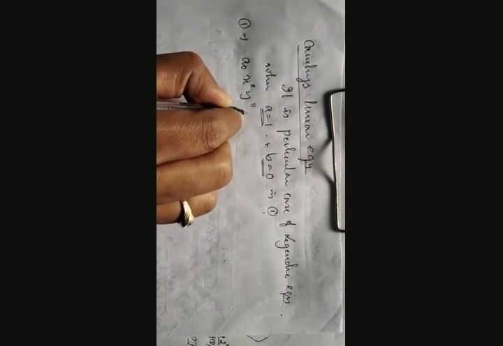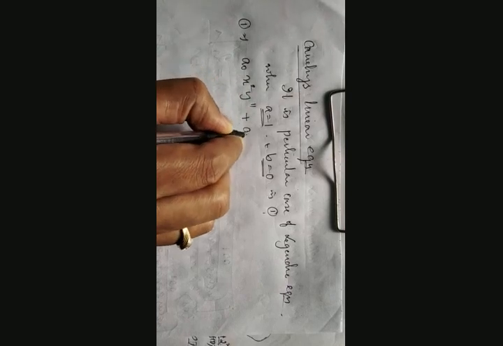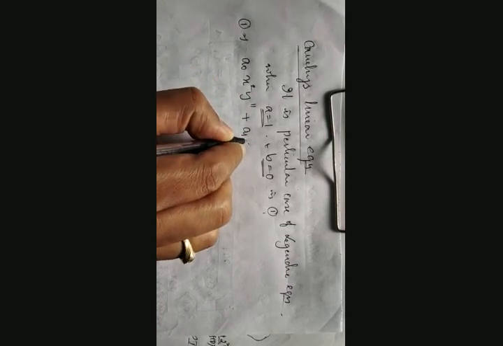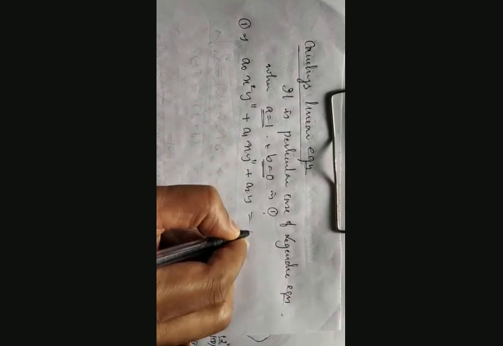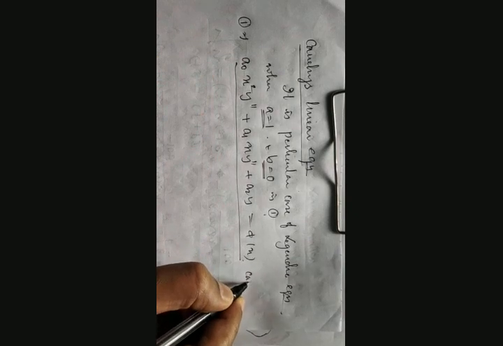If you substitute this in equation number 1 of Legendre, then it becomes a0 x^2 y'' + a1 x y' + a2 y = phi of x. Okay, so this will be the linear equation which is called Cauchy's equation.